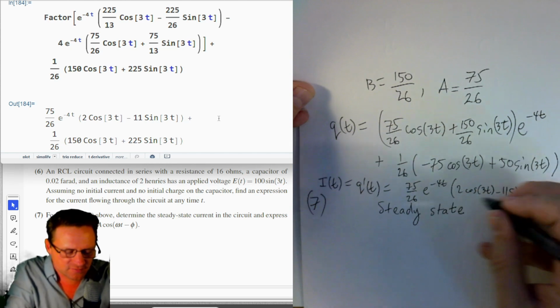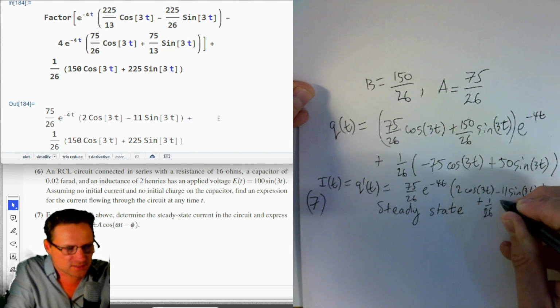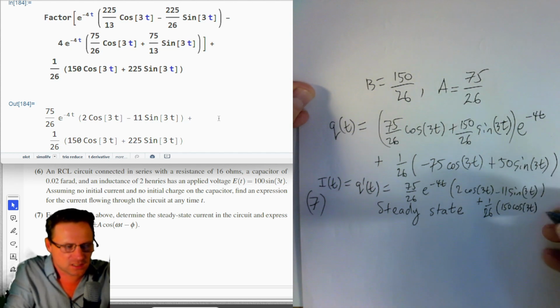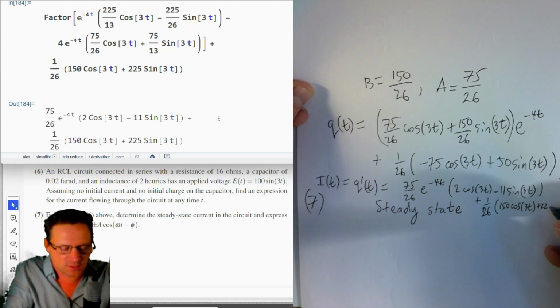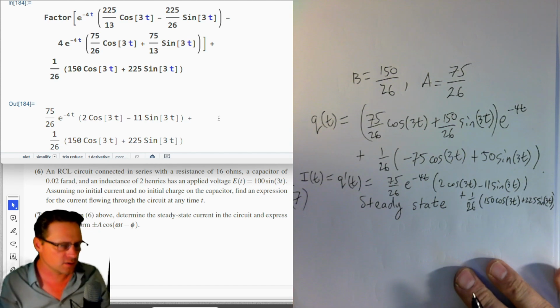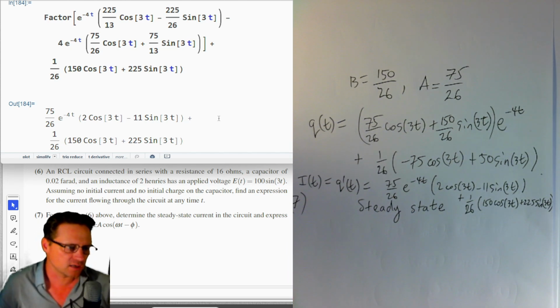And then we have the rest of it plus 1 on 26, 150 cos of 3t plus 225 sine of 3t. Now, what is the steady state current expressed in plus or minus a cos omega t minus phi?